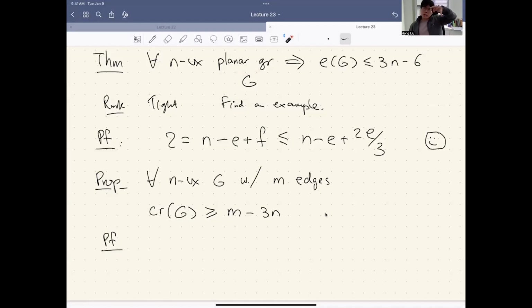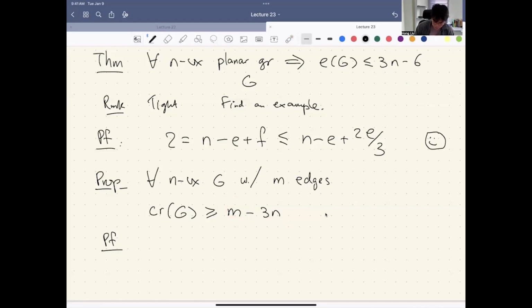So you pick an edge that will create the crossing. You remove this edge. So the number of edges decreases by 1. Okay? And we pick up one crossing. When you remove this edge, you remove all the crossings caused by this edge. Then you repeat. If it's still above the threshold, 3n, you identify an edge that causes a crossing. There must exist such one. And you remove it.